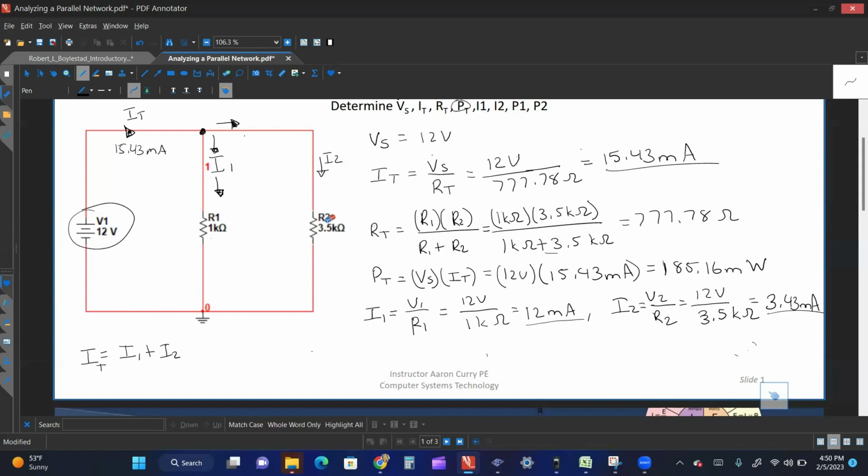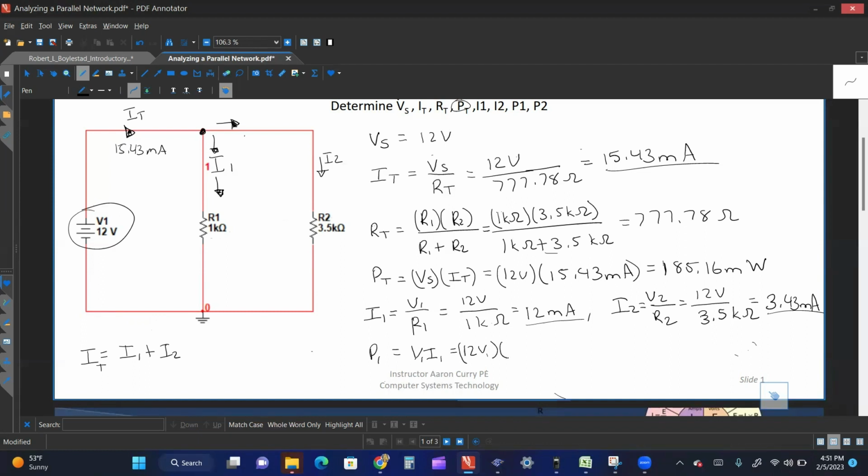All right. So the last thing that we need to calculate is P1. So P1, we know we need the voltage and we need the current. So do we have V1? Well, what's the voltage across this resistor? 12 volts. All right.